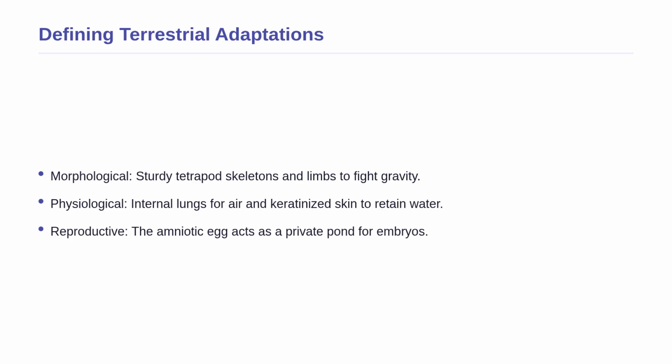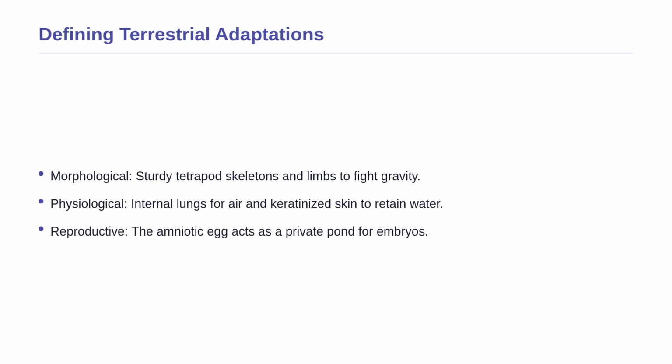Now that we understand the terrifying challenges of leaving the water, let us formally define how animals survived. Terrestrial adaptations are the specific modifications that allow an organism to thrive in a non-aquatic environment. Morphologically, animals developed sturdy, bony tetrapod skeletons and strong limbs to fight the constant downward pull of gravity.